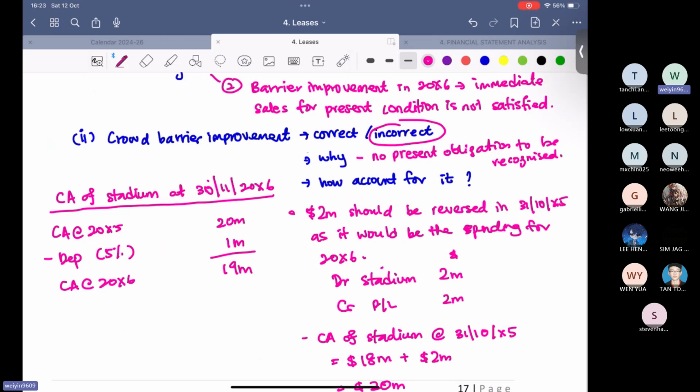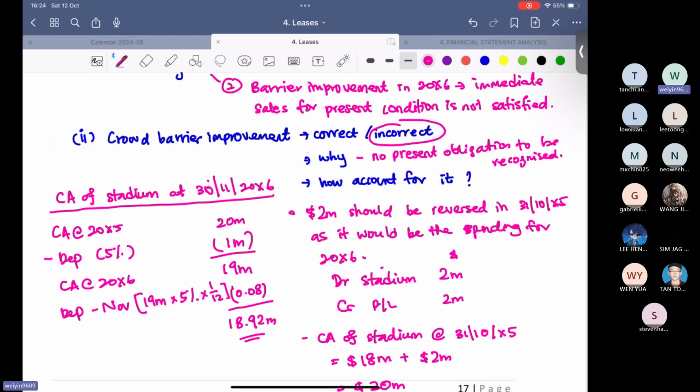This 19 million is at October, right? So I need to calculate depreciation only for November. So 19 million times 5% times 1/12, so 0.08. So I got 18.92 million for my carrying amount.